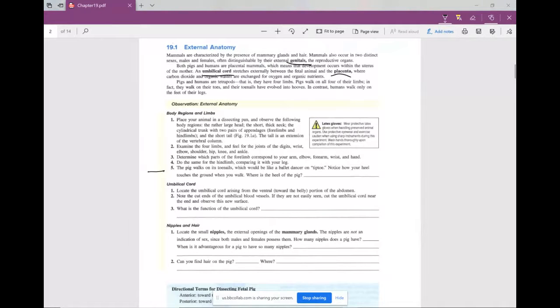And number 5, the pig walks on its toenails, which would be like a ballet dancer on tiptoe. Notice how your heel touches the ground when you walk, whereas the heel of the pig, right? I would say, how would you say this?